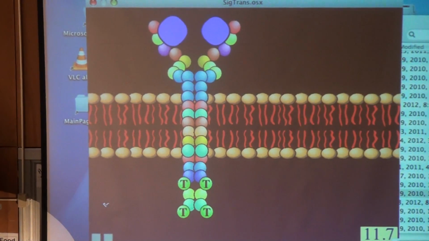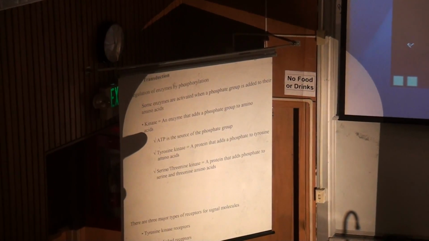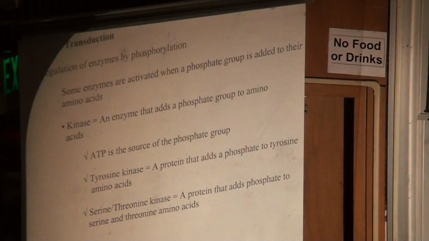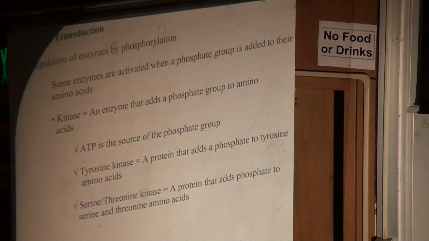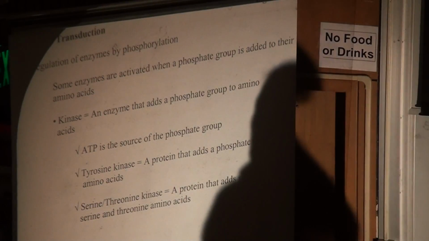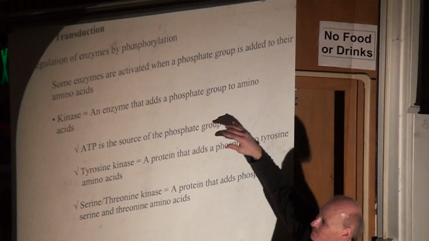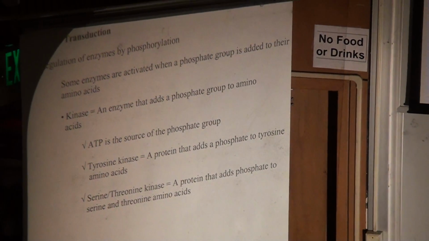Well, any enzyme that attaches phosphate groups to the amino acids of a protein is called a kinase enzyme. Kinase enzymes take phosphates and stick them onto amino acids of proteins. Kinase enzymes are phosphorylating enzymes. And where do they get the phosphates from? Well, ATP.